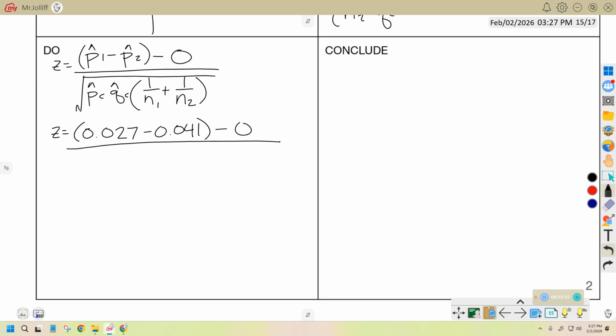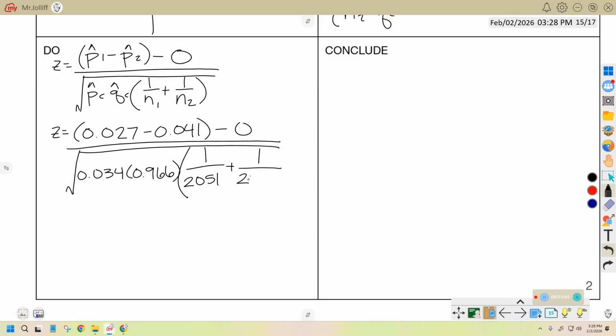All over, big square root. 0.034, 0.966, times 1 over 2051 plus 1 over 2030.